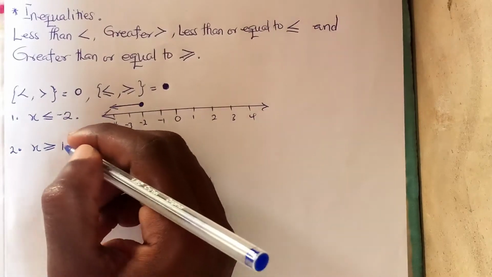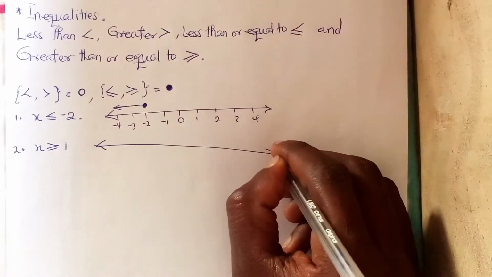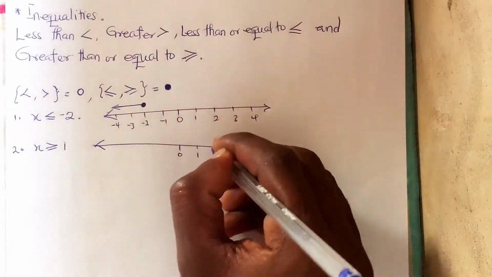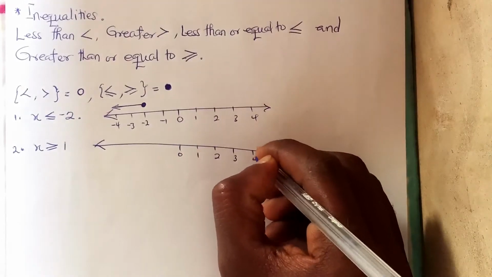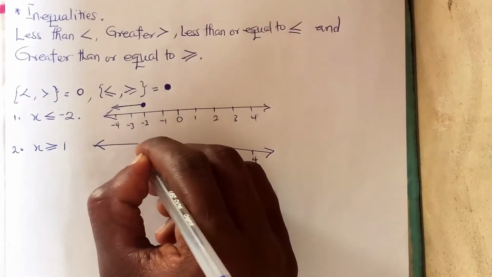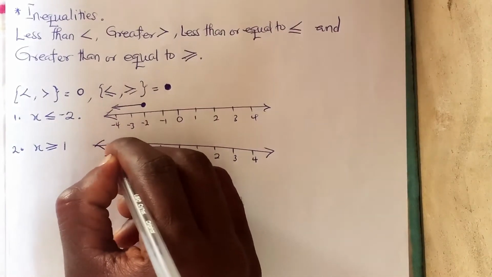Example 2. We have x greater than or equal to 1. Representing this on the number line: 0, 1, 2, 3, 4, minus 1, minus 2, minus 3, and minus 4.